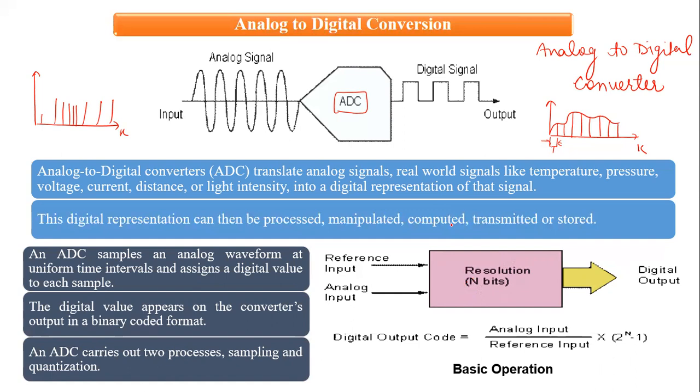In this way we can get the digital output of any analog signal. The analog input is the real-time signal acquired using transducers or sensors. It is compared with some reference input and given to the A to D converter, and based on this formula the digital output is obtained.